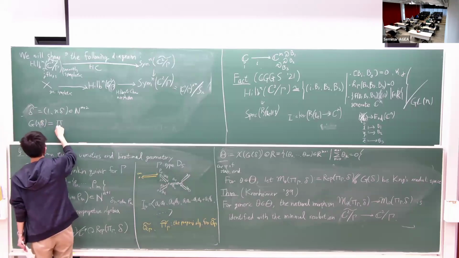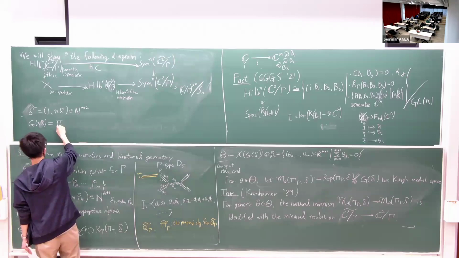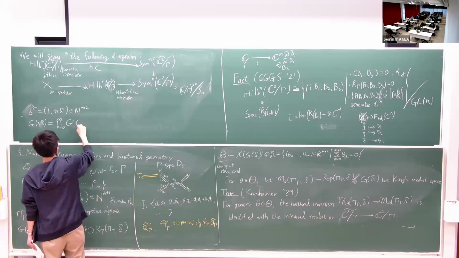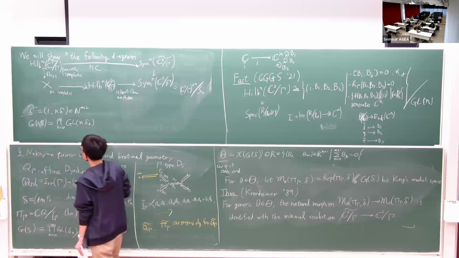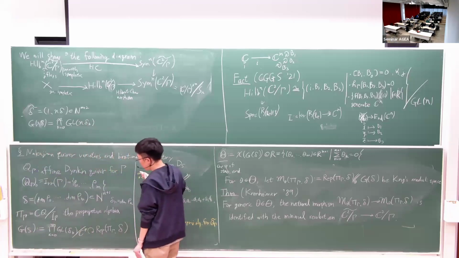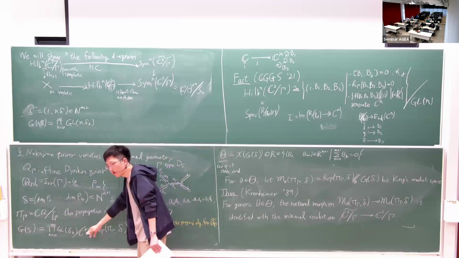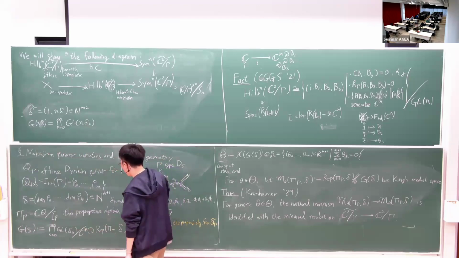By definition, this is the product of GL n delta K, but in this case, we don't take the quotient by this one-dimensional subgroup.